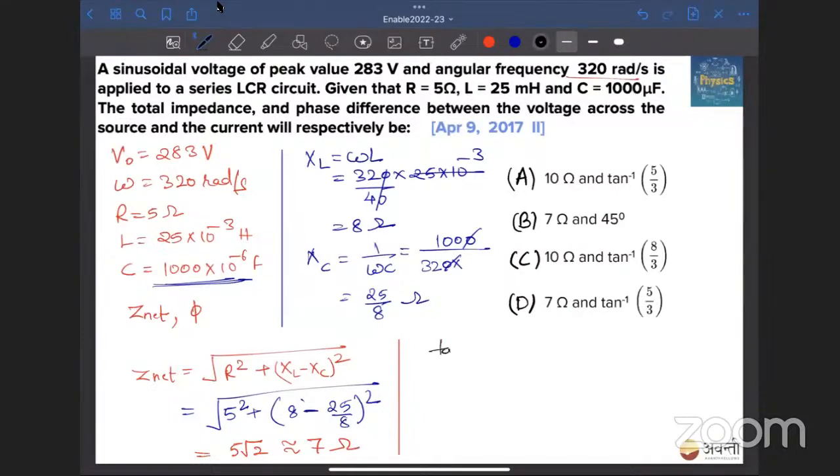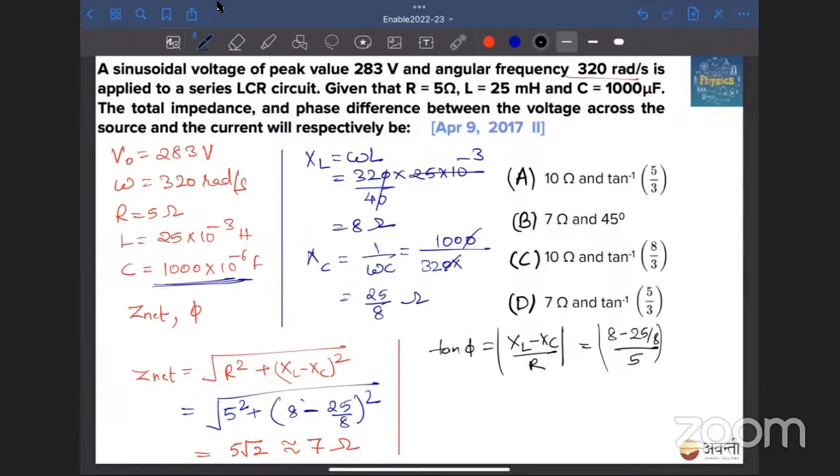Okay, so tan phi is equal to, do you remember, the mod of XL minus XC upon R? Because anything can be greater. XL can be greater, XC can be greater, right? So if I put the values, XL minus XC, that is 8 minus 25 by 8, divided by resistance, which is 5.